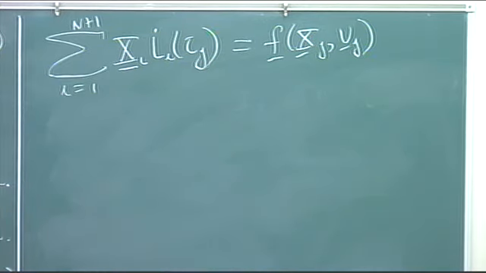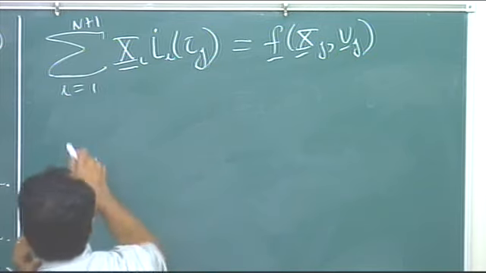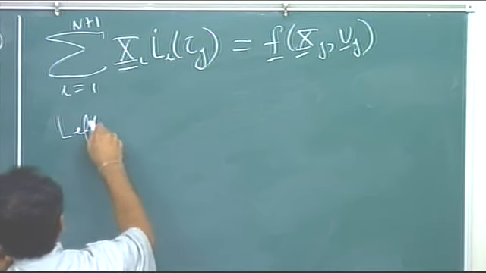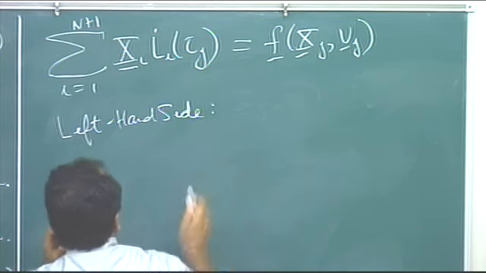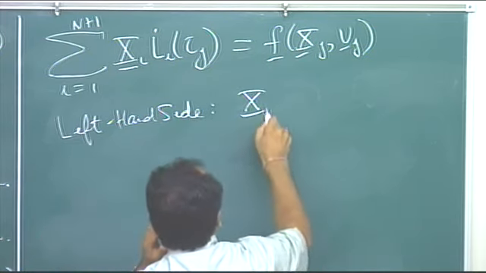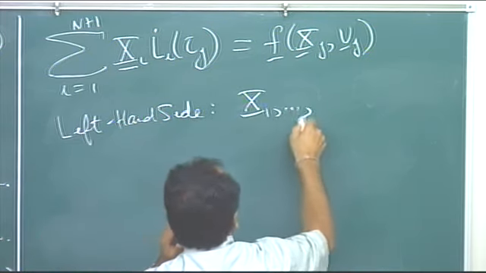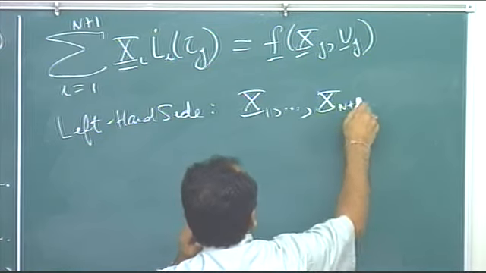So now, let's look at this. You can see here again that on the left-hand side, I'm using n plus 1 values of the state. We use x1 all the way up to xn plus 1, right?